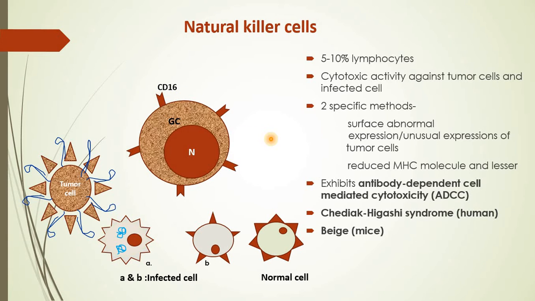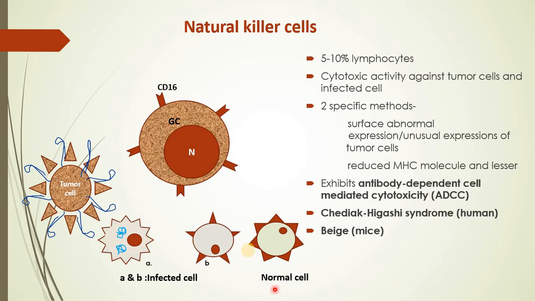Now as I said, this natural killer cell has the ability to identify tumor cells as well as infected cells. Now what difference can it see in the tumor cell? To tell the tumor cell from the normal cell, we need to know what the basic difference is.